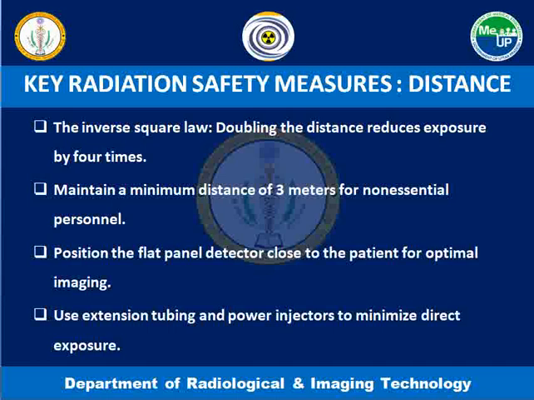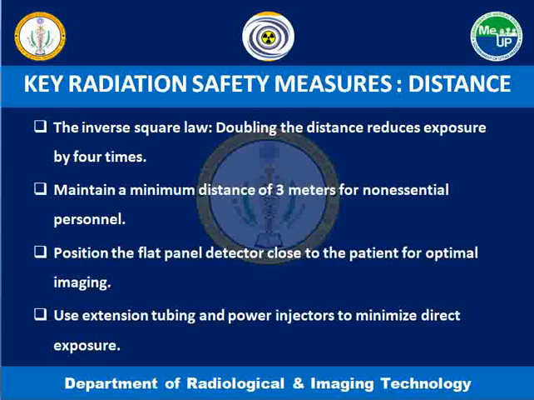Next, key radiation safety measures, distance. Maintaining an appropriate distance from the radiation source is a fundamental principle of radiation safety. According to the inverse square law, increasing the distance between a person and the X-ray source significantly reduces radiation exposure. For instance, doubling the distance decreases exposure by a factor of 4. To enhance safety, non-essential personnel should maintain a minimum distance of 3 meters from the X-ray source whenever possible.